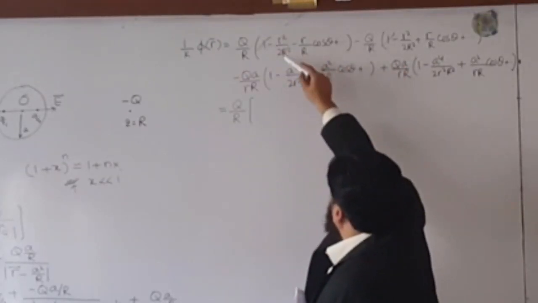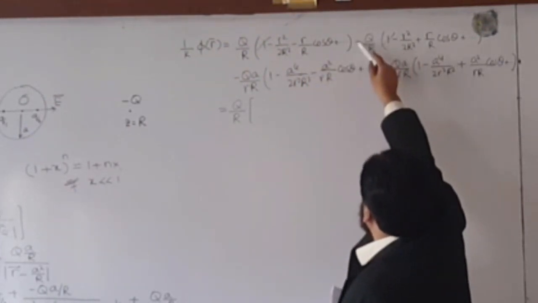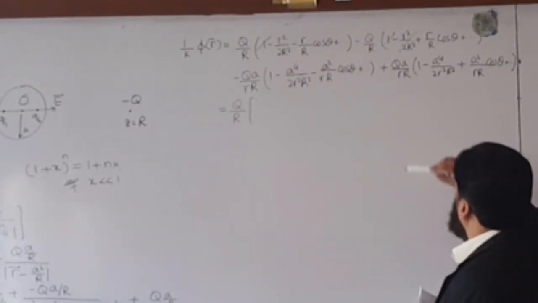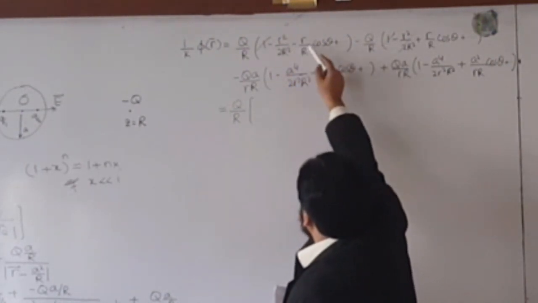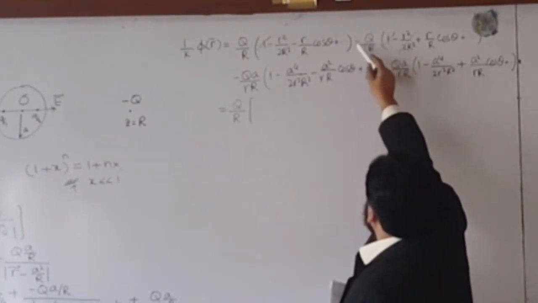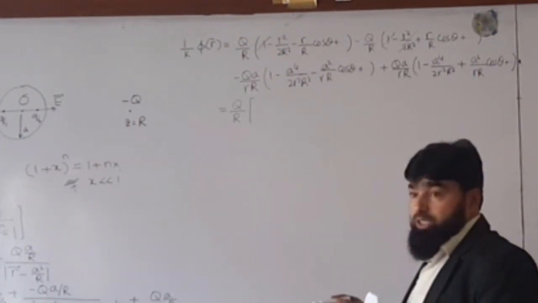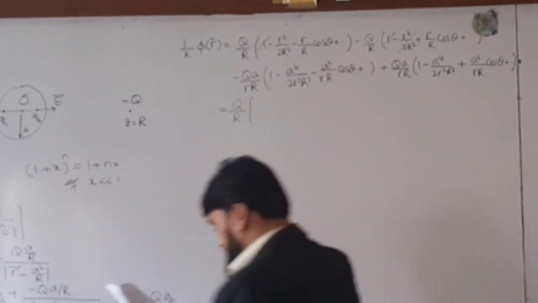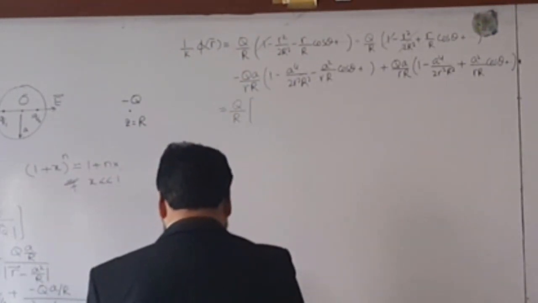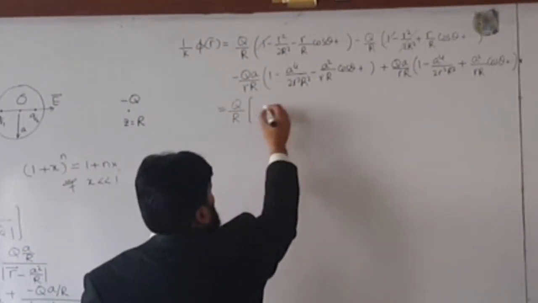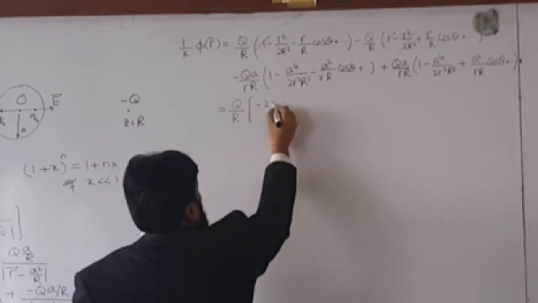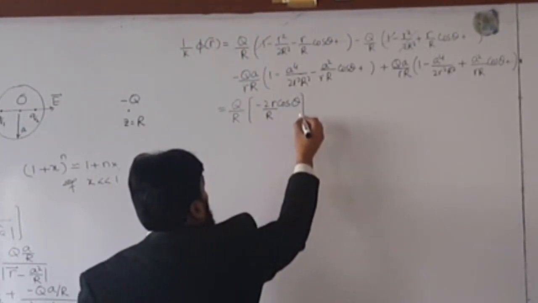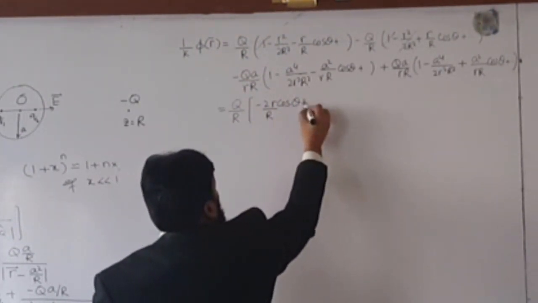This one is minus a square over 2r square and minus minus become plus, so they are cancelled. And then this one is minus a over r cos theta and this one is minus a over r cos theta, so they are added, right? So I will have minus 2a cos theta divided by r. Okay, and there will be some extra terms as well.